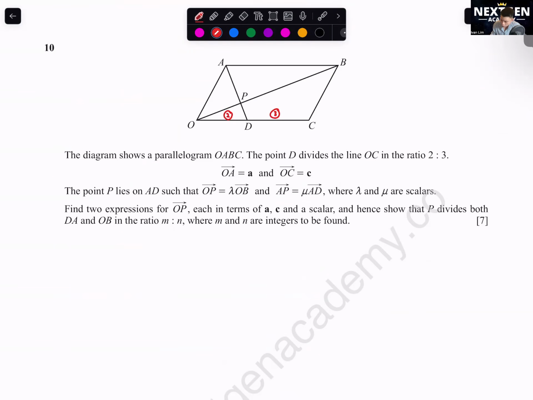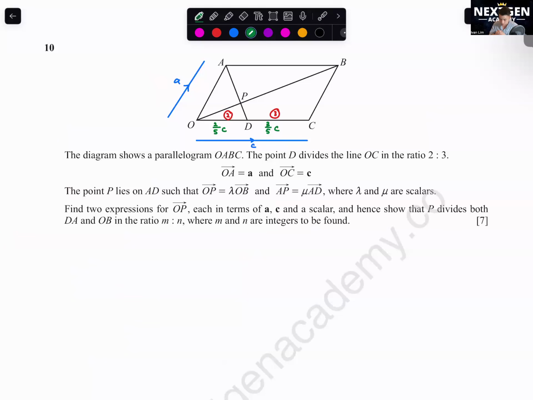They gave us OA is A, OC is equal to C. That means over here, we can conclude that this is 2/5 C and this is 3/5 C. Normally, when they give you ratio, you need to break down the ratio. You have to look according to the diagram.